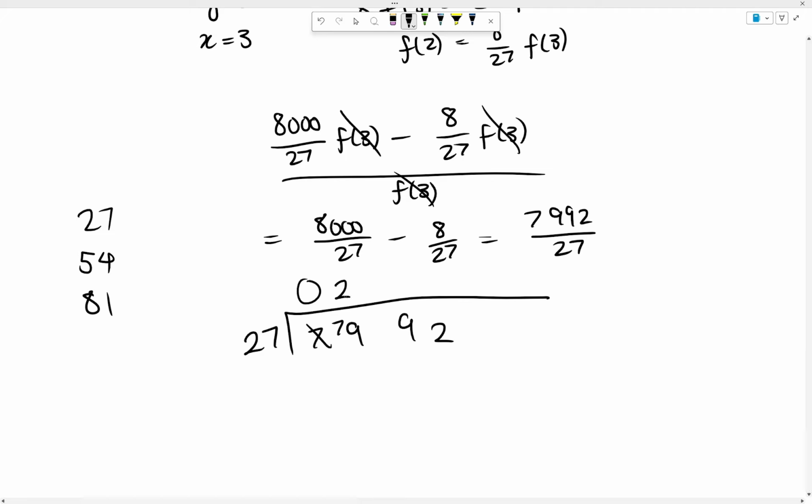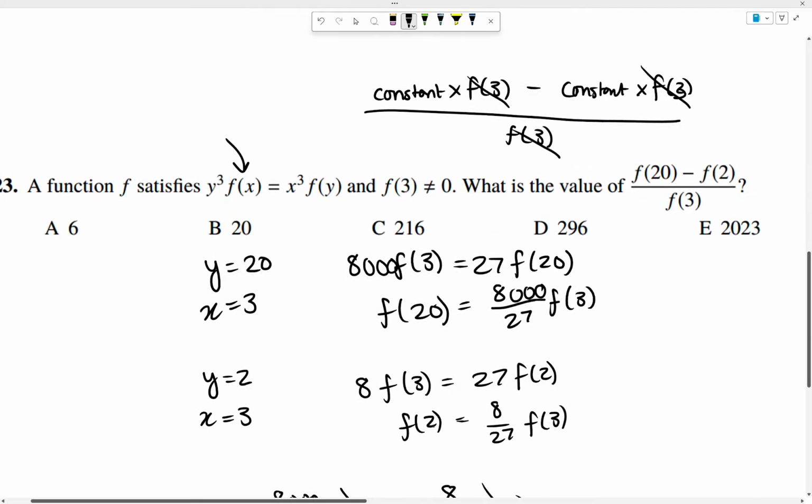That is 2. That leaves a remainder of 25. That'd be 9. With a remainder of 16. And then this is 6. So 296, which is D.